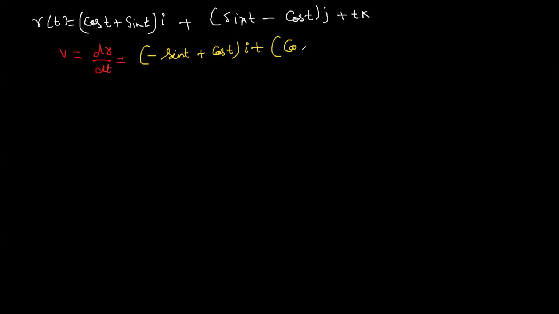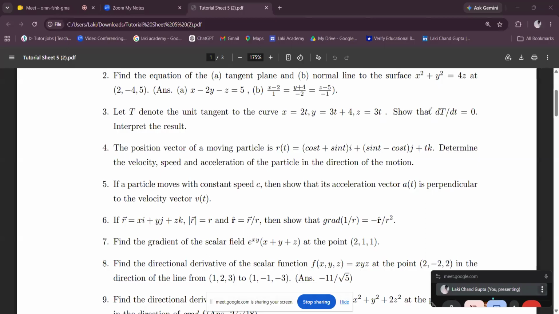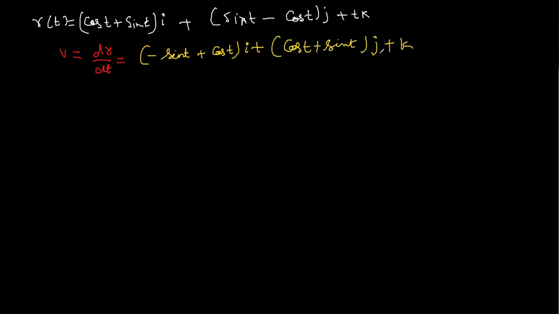Sin t derivative is cos t, and minus minus plus, j. This is velocity vector. Don't say only velocity, say velocity vector, because t is not given. So write v(t) in terms of t, right?